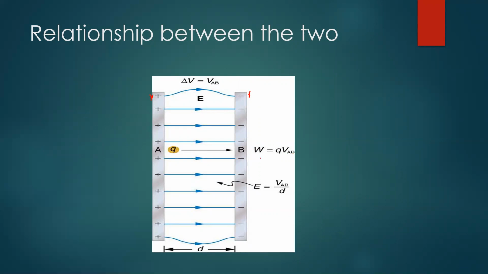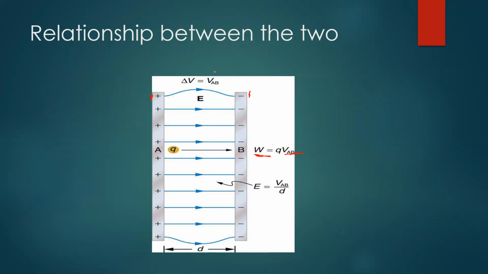As stated before, electric potential within an electric field is the amount of work needed to move this positively charged particle from the positively charged plate to the negatively charged plate. The amount of work needed is directly correlated to the potential difference.